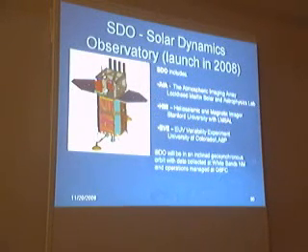Now we have a 4000 by 4000 CCD, a 16 megapixel camera, which will take images every 3 seconds. So the total amount of data will be about a terabyte per day, to analyze and understand how sunspots are created. It's an amazing project.